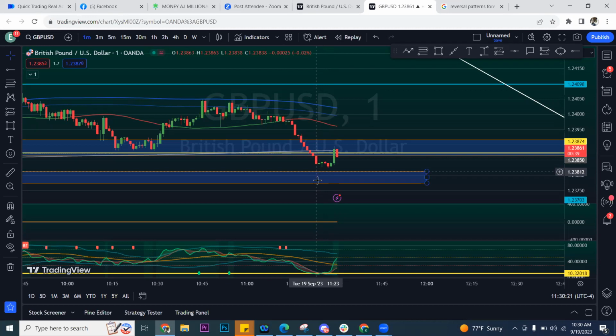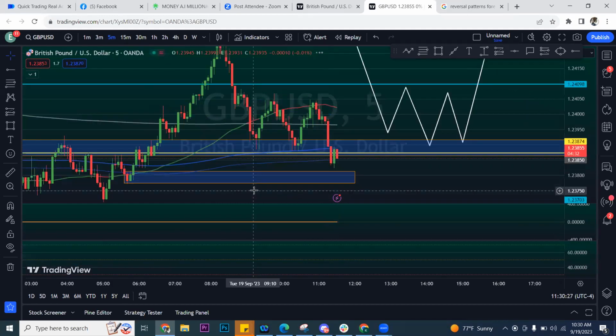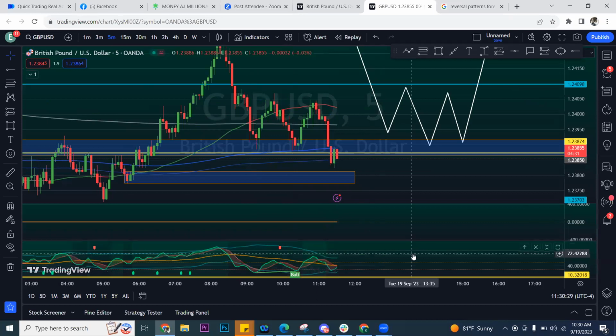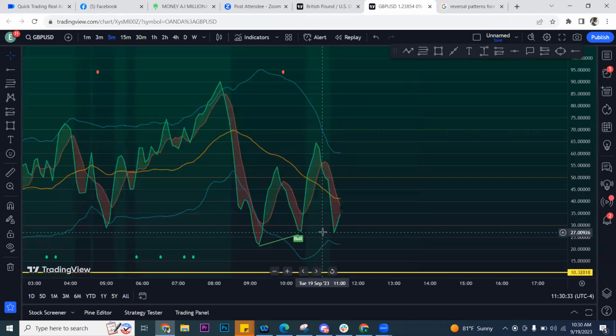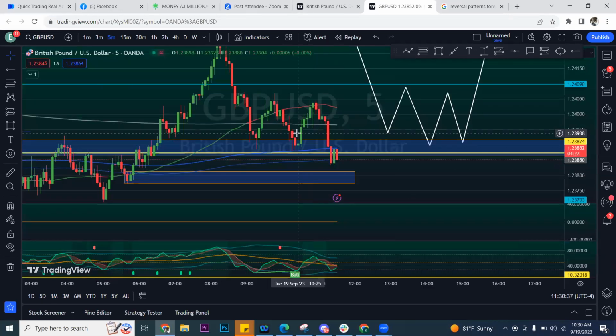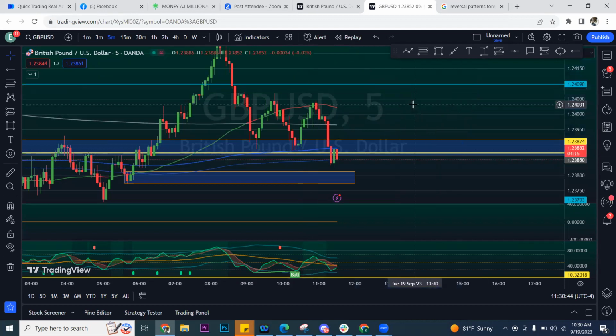So now watch this. Now that it happened here on this 1 minute time frame, I'm going to jump up to the 5 minute to see if it's coming from outside the bottom piece of bread. Nope, it's not. But I see that we've got divergence going on here. Divergence is a technical term.